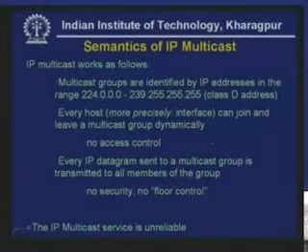But actual true multicasting traffic is really small compared to its potential, mainly because most of the routers may not support it, or more precisely are not configured to support multicasting because of the costs involved. Since there is no access control, every IP datagram sent to a multicast group is transmitted to all members of the group. There is no security, no floor control. And moreover, since it uses UDP, IP multicast service is essentially unreliable.